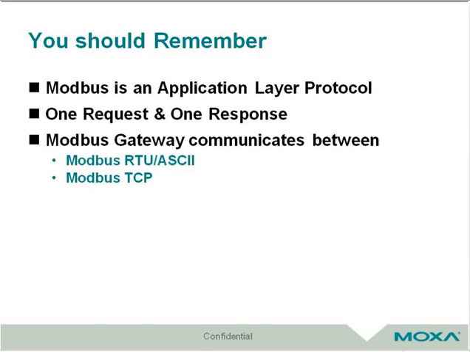After today's course, you should remember that Modbus is an application layer protocol, and it uses a one-request, one-response mechanism to communicate between master and slave. And the last thing is that the Modbus gateway can help communication between Modbus RTU, ASCII, and TCP devices.